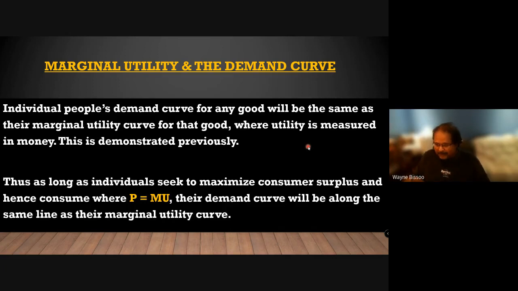For us to buy more, the price must come down. So high price goods we buy little of, low price goods we buy lots of. So that's the relationship that we're seeing there. That sounds logical to you guys?